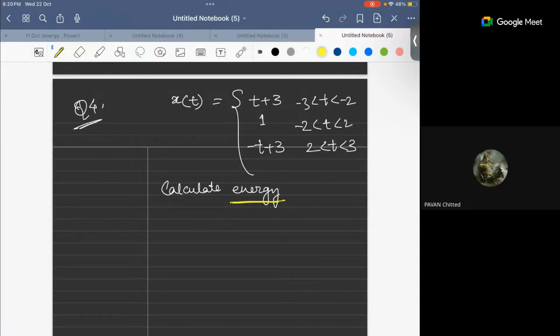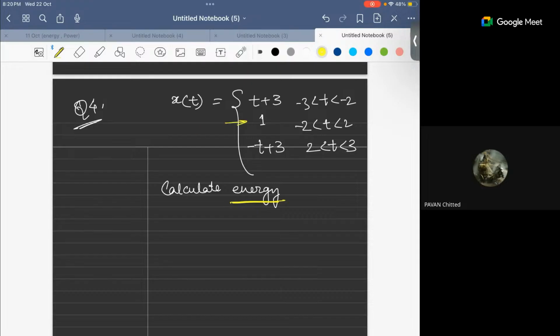Just see which type of signal has been represented here. Just by looking at this, what do you think?